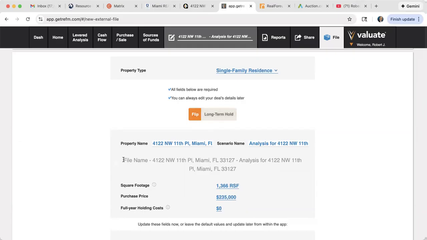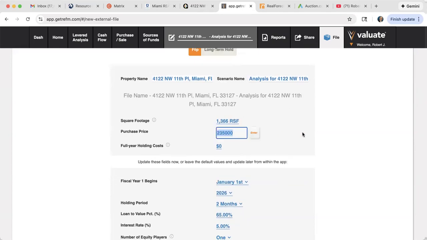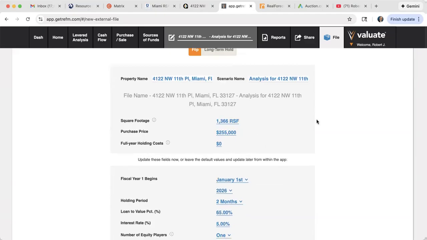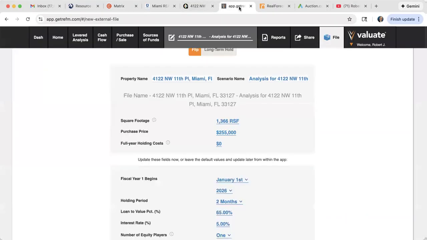So we're going to go with flip and we're going to say that we got into a bidding war on the property and we ended up buying the property, let's say for $255,000, all right? Not always going to be the case. Maybe you get it at full price, right? Full price being 235. But let's say we got into a bidding war with other investors. We ended up buying the property for 255.